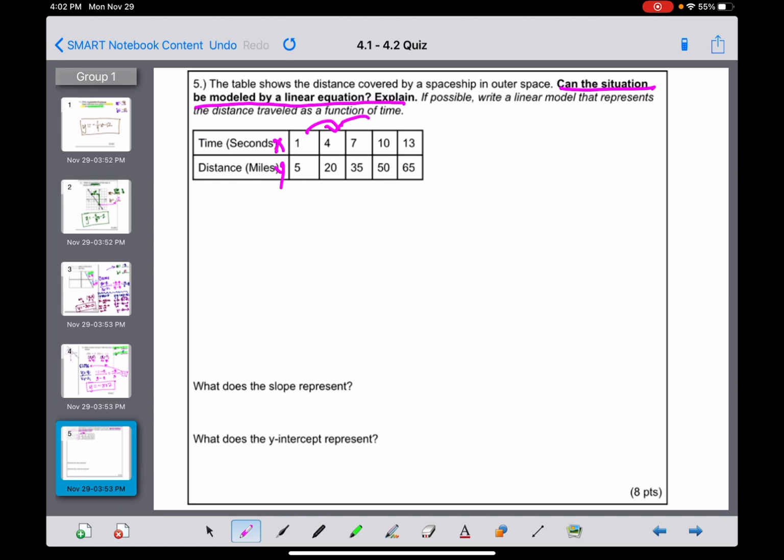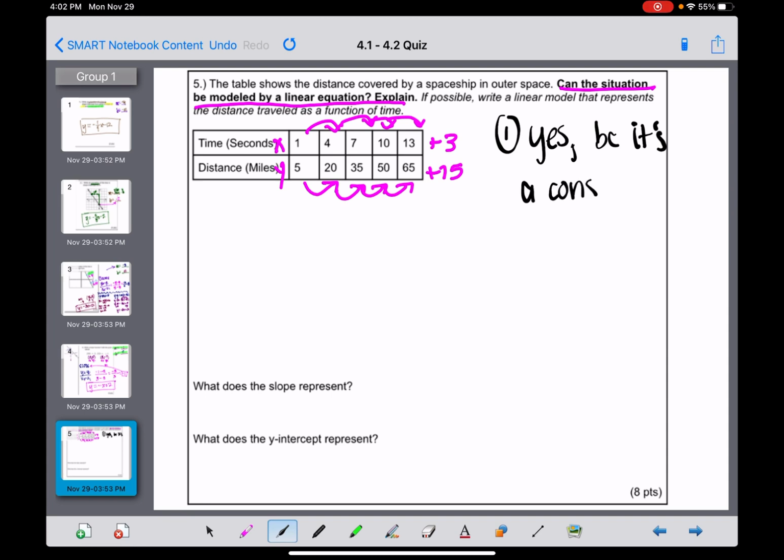My x values are increasing by 3. My y values are increasing by 15. So to answer part 1, the answer is yes, because it's a constant rate of change.